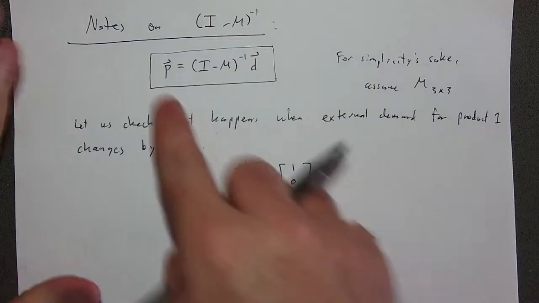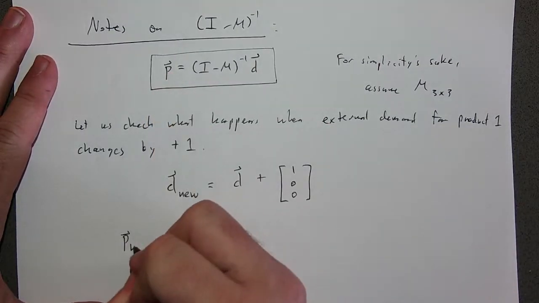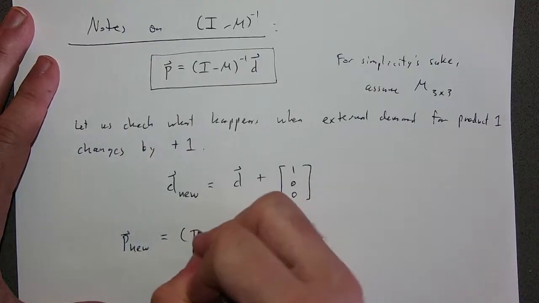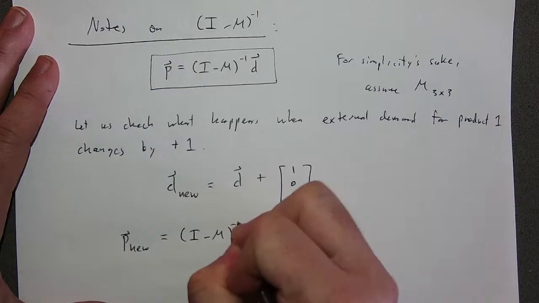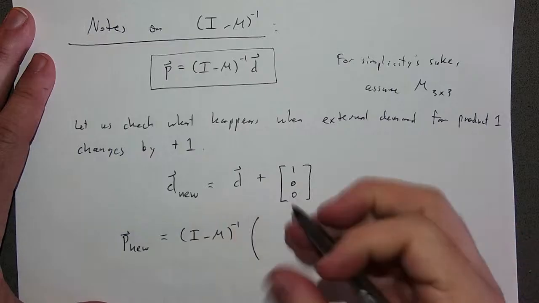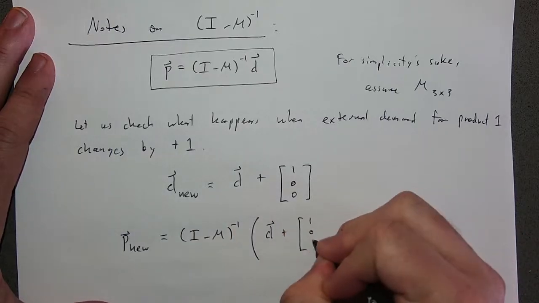Okay, how does P change? Well, then this new production vector would be (I minus M) inverse times D new, which I'm just going to go ahead and skip and write as D plus 1, 0, 0.